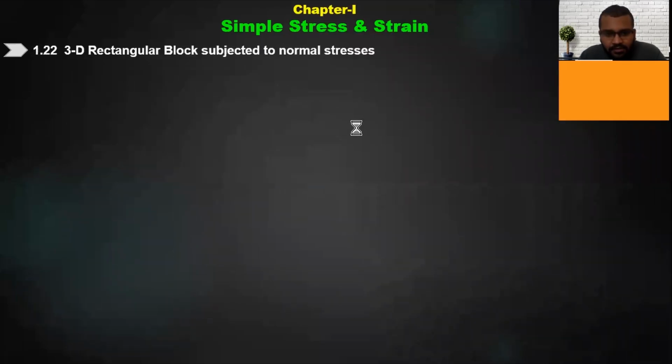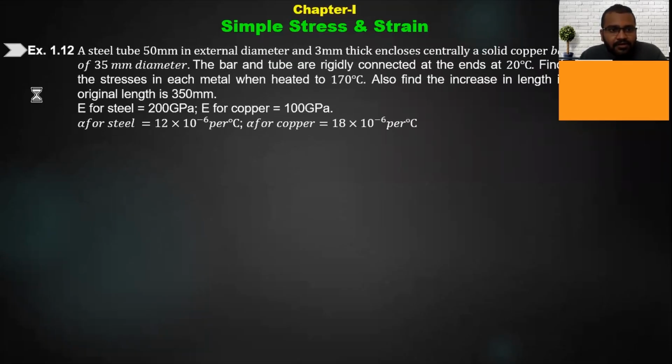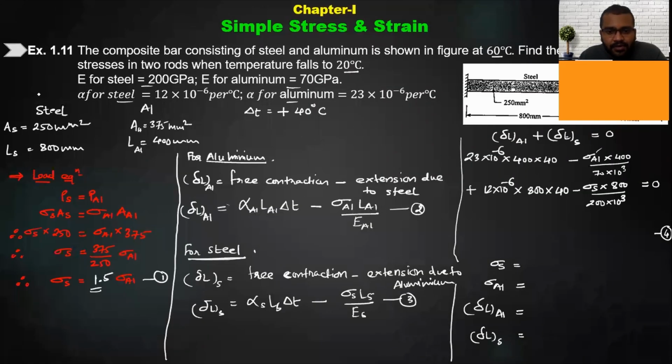Yes, I'm getting some answer from the chat box. Okay. Siddhant Shinde has answered. Yes, yes. I'm showing it. Siddhant has answered something. Let's verify with others. Siddhant, calculate the other two things, that is delta L for aluminium and steel. Okay, sir.